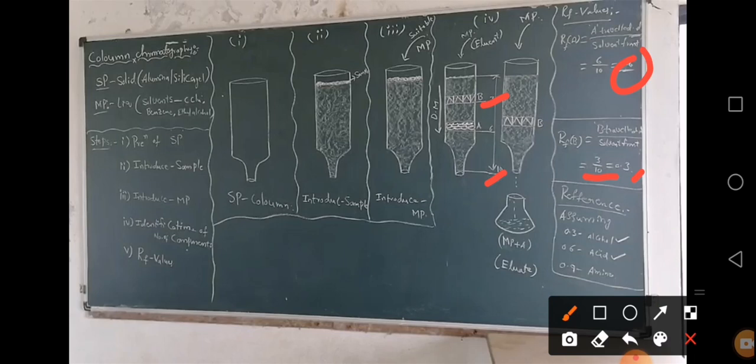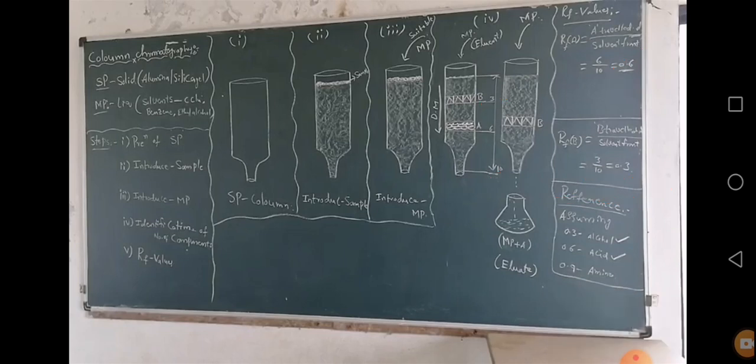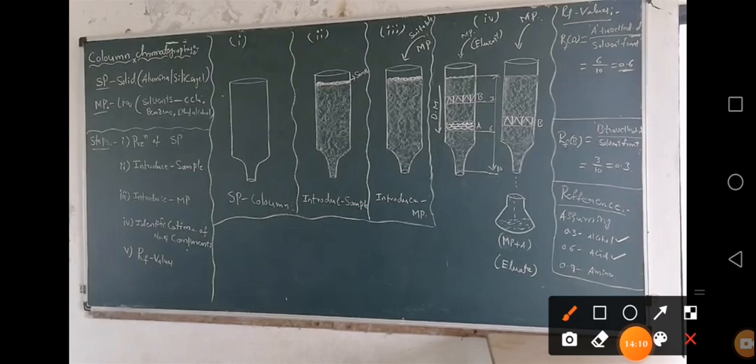So roughly we are assuming one reference table. It is not an exact one. The reference table shows that if the RF is 0.3, it is alcohol, 0.6 is acids, and 0.9 is amine. We are just taking one example, assuming. Now see here, RF of A equals 0.6.